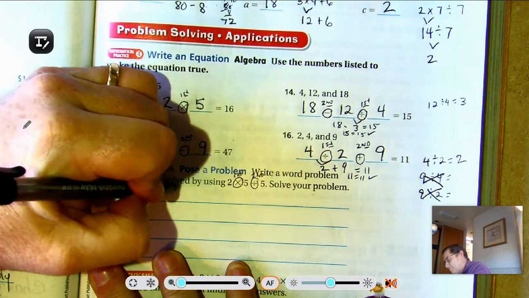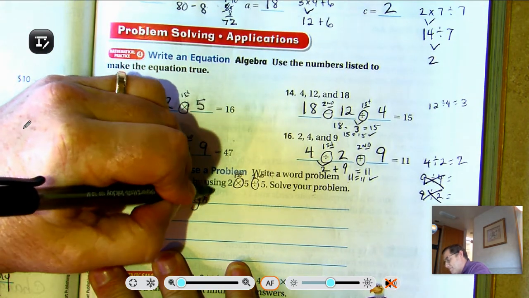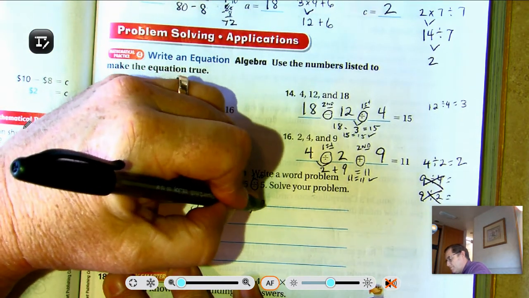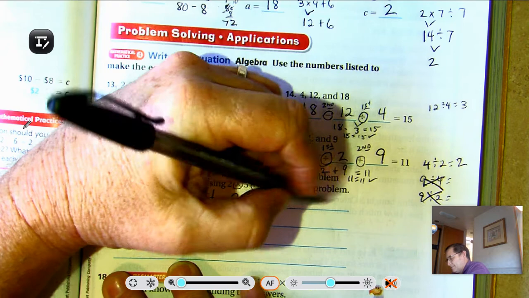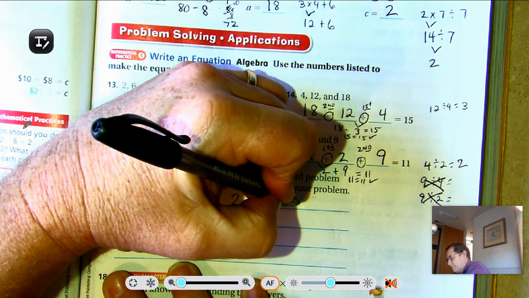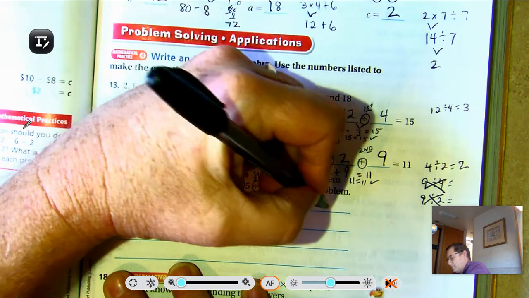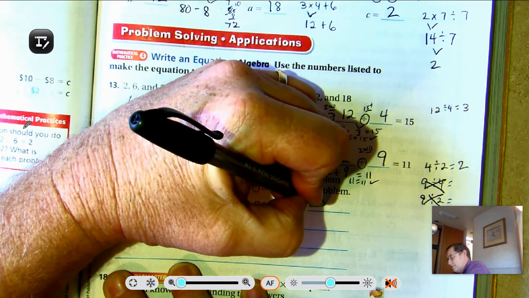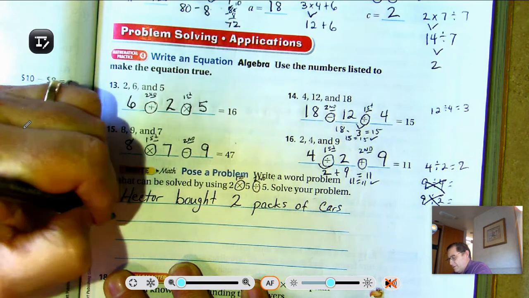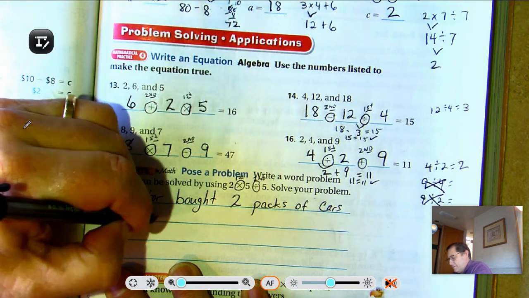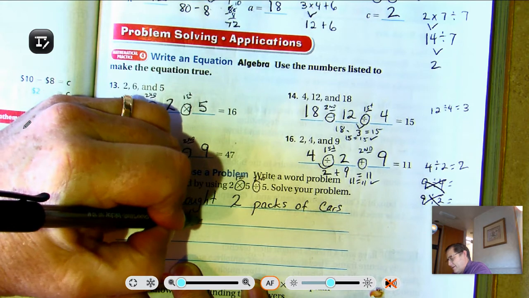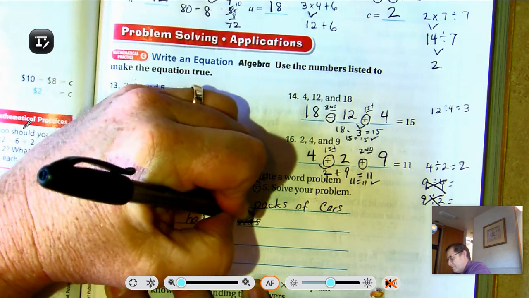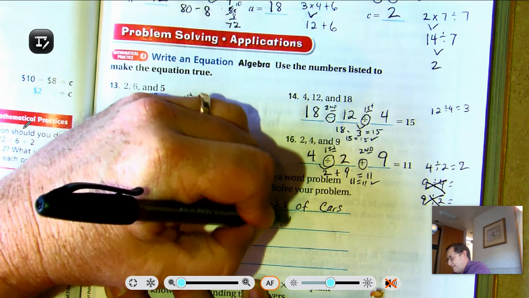Hector bought 2 packs of cars. Each had 5 cars in the pack.